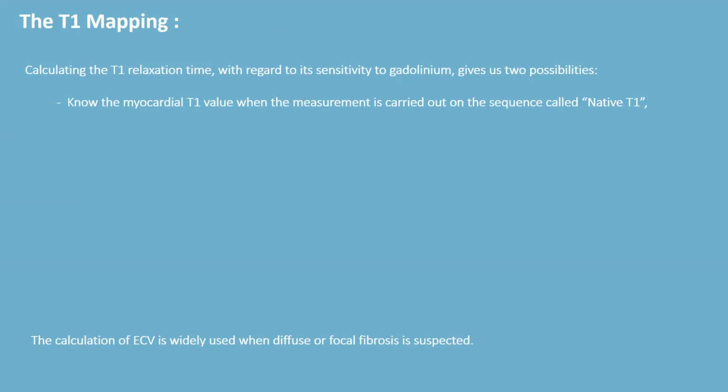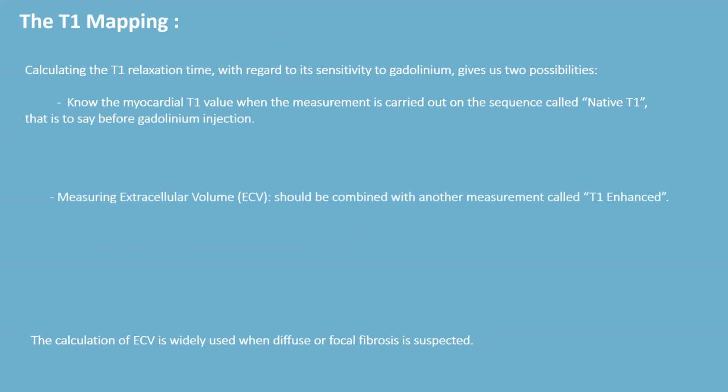Calculating the T1 relaxation time gives the myocardial T1 value for the measurement, by using two parameters: native T1 and enhanced T1.